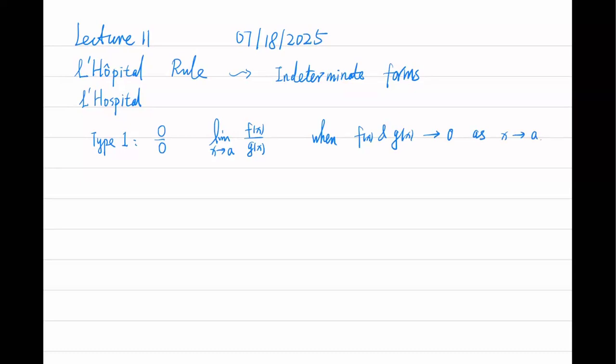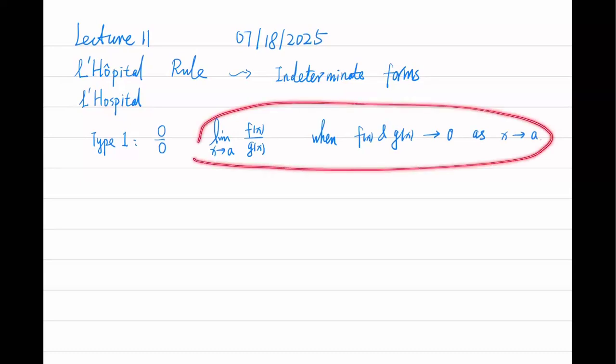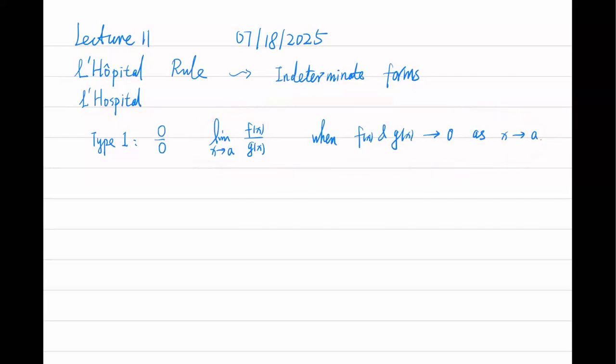If this condition is satisfied, then we have the L'Hopital rule: the limit of the quotient equals the limit of the quotient of the derivatives.